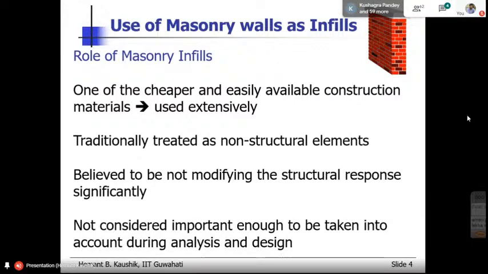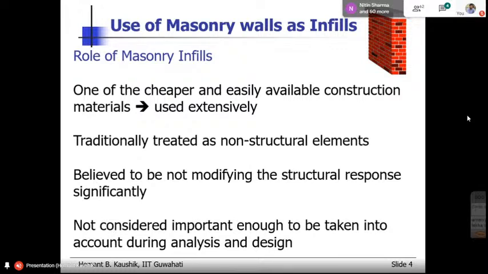Now, because it is very inexpensive and easily available, we don't bother about their structural strength, treating them as non-structural elements. We don't consider them important enough to consider their influence on the structural properties. So we don't consider them in the analysis and design. When I say we don't consider them, we do consider their mass, right?